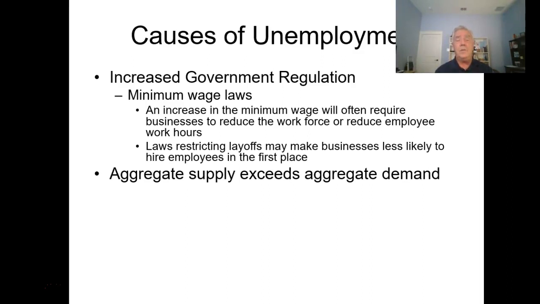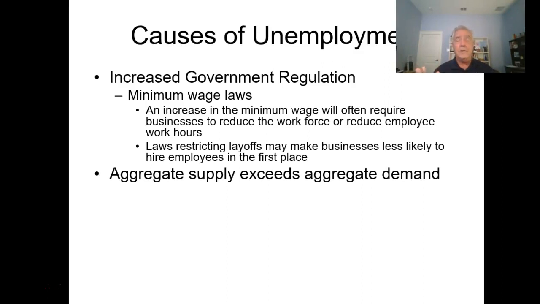Now, when the aggregate supply and the aggregate demand are equal, the lines cross. We have an equilibrium, and therefore the unemployment problem doesn't exist. It's when we get off that level that it creates a problem for the economy and does cause unemployment and can cause inflation.